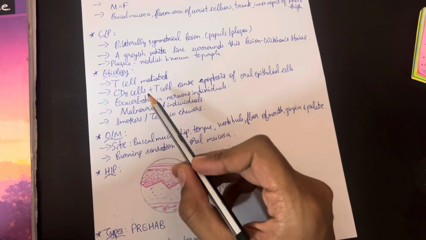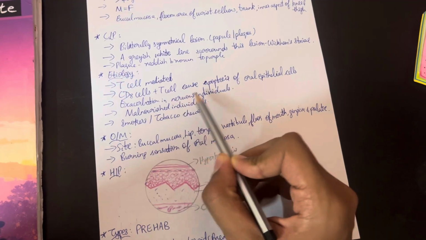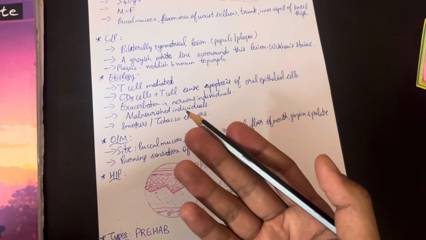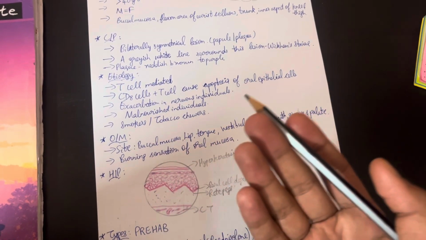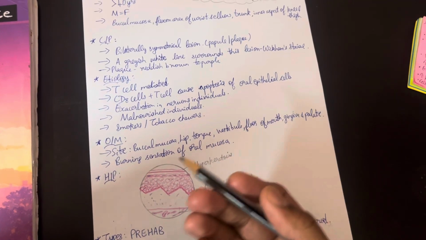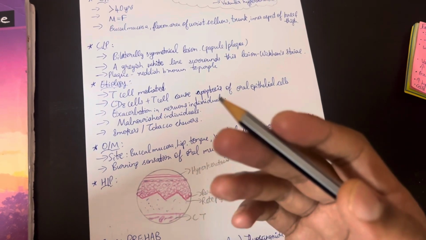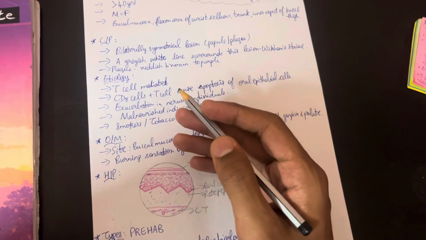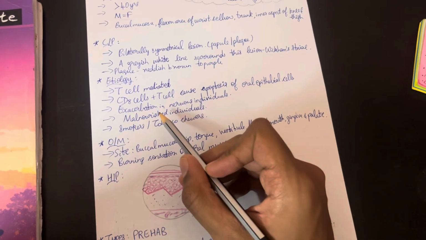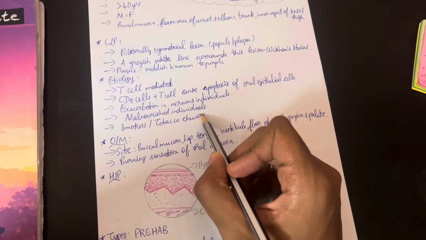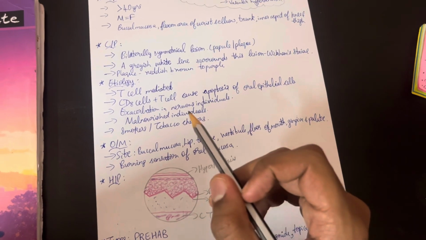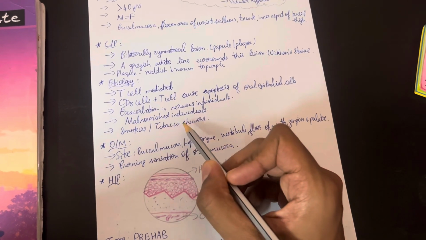And then exacerbation in nervous individuals, which means that in individuals who are nervous, the lichen planus will be more severe. And then it is also seen in malnourished individuals, and smokers, tobacco chewers.